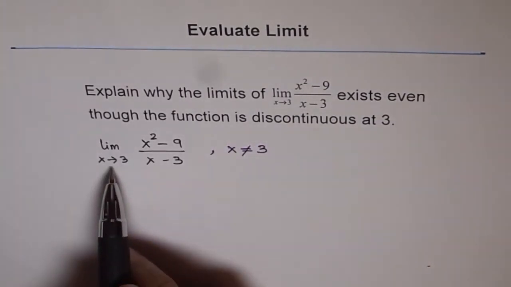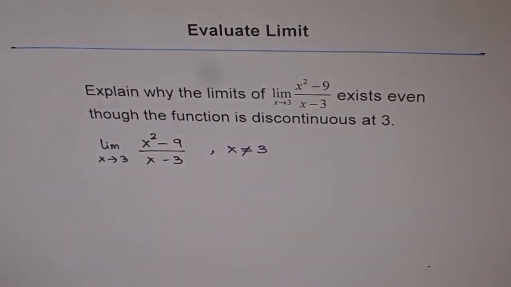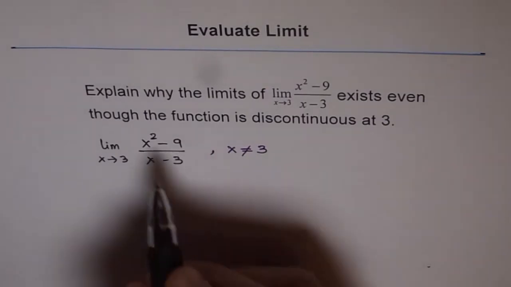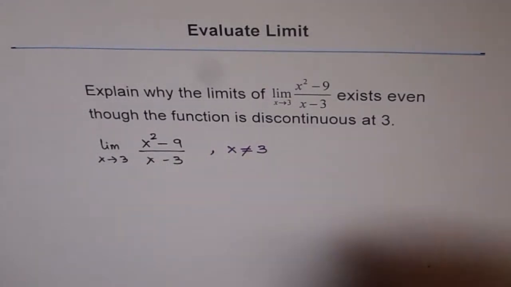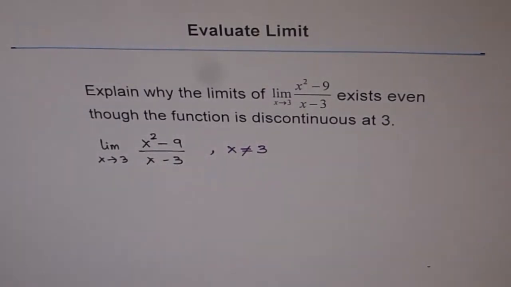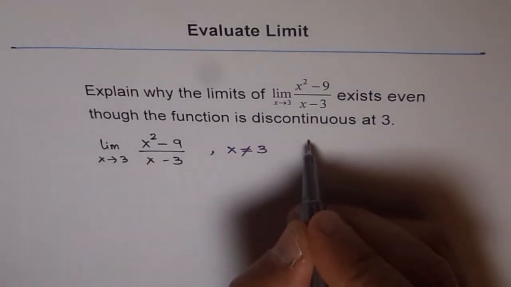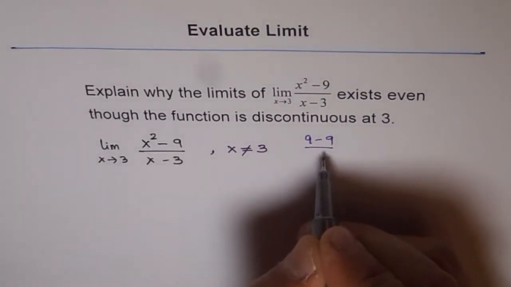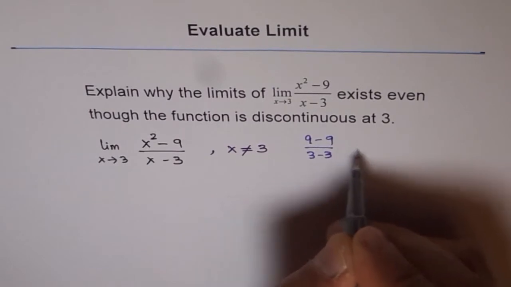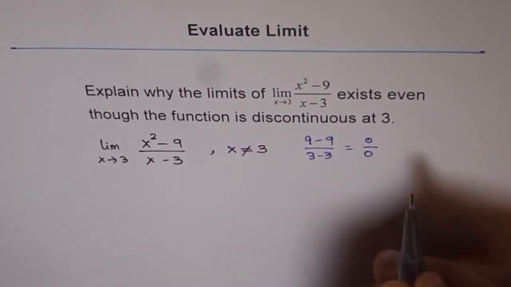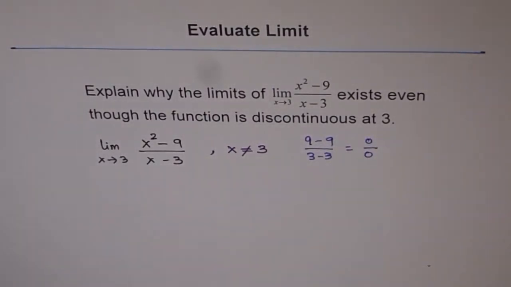If I put x equals 3, then 3 squared is 9, so we get 9 minus 9 over 3 minus 3, which is 0 over 0. That is meaningless, so if you do direct substitution, you don't get any limit.